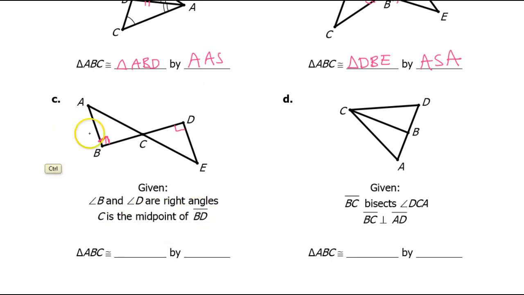So here's BD. If C is the midpoint, that means that BC is congruent to CD. In addition to that, we know that these vertical angles are going to be congruent. That gives us angle, side, angle. So triangle ABC will be congruent to triangle EDC.